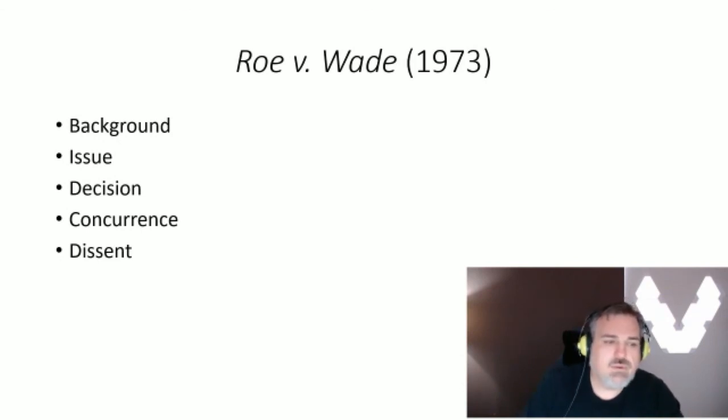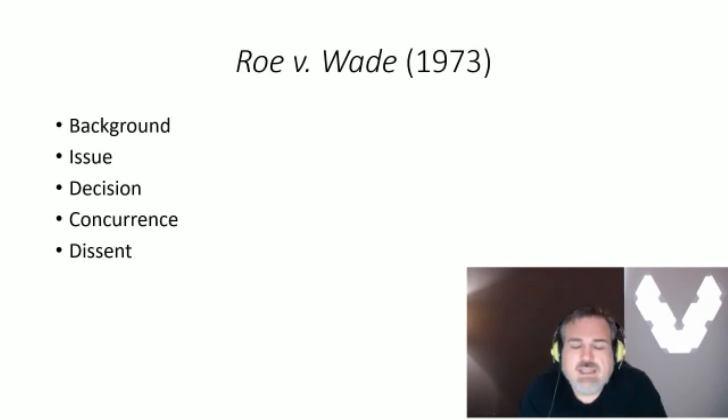And so the time after Roe, and the next case that we do, really deals with determining what the confines of the right to an abortion are. Sometimes the court moves forward using the Trimester Framework, sometimes it doesn't.